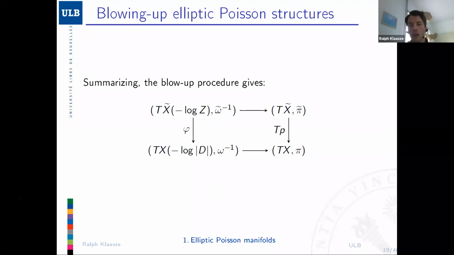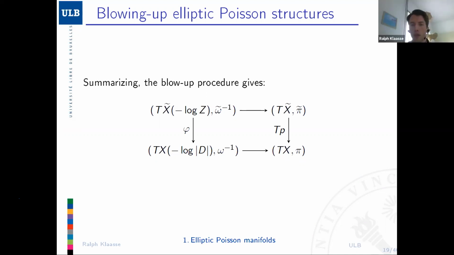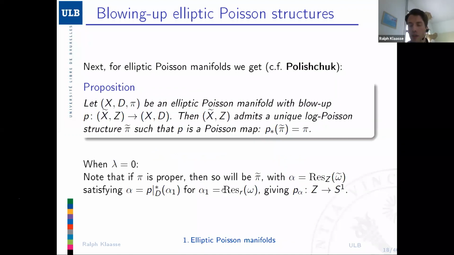Yeah. So if you have a log Poisson manifold, it's always corank 1 on Z. So there are again two cases: lambda is equal to 0 or lambda is not equal to 0. In the lambda equals 0 case, that's also why I was caring about this properness here.